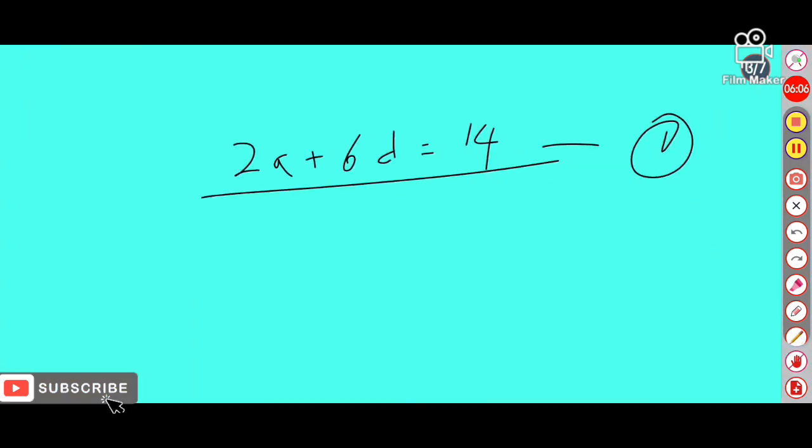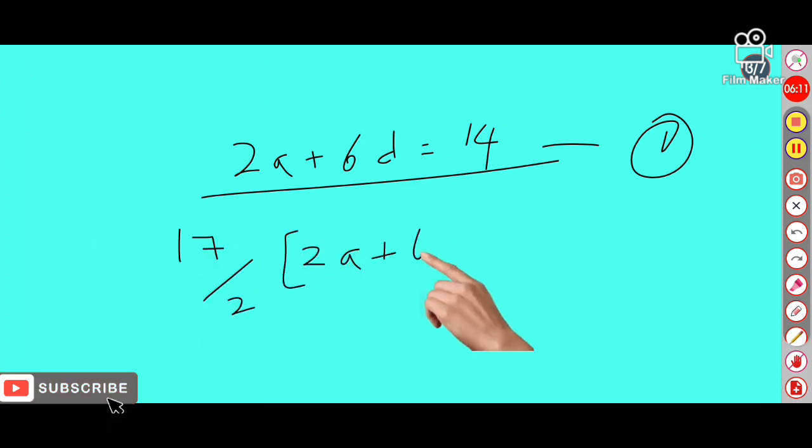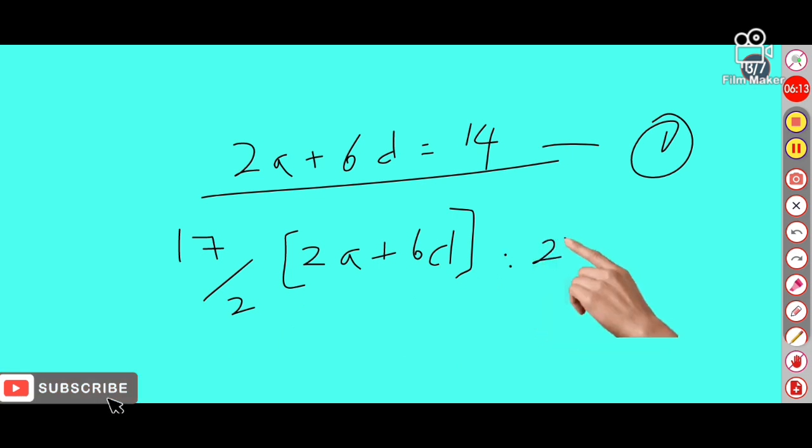Similarly, S17 is 289. 17 by 2 into (2a plus 16d) gives you 289 is what the question says.